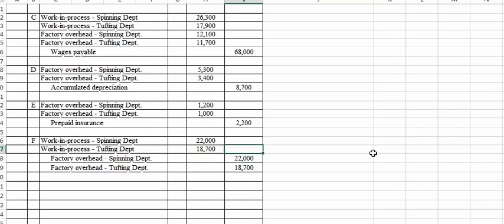This is the entry that actually puts the overhead into the cost of the product itself, or into work in process. And the credit to factory overhead is our estimate. We use the estimate in work in process so we can cost finished goods as soon as they're finished, and we don't have to wait on all the actual factory overhead costs to come in.